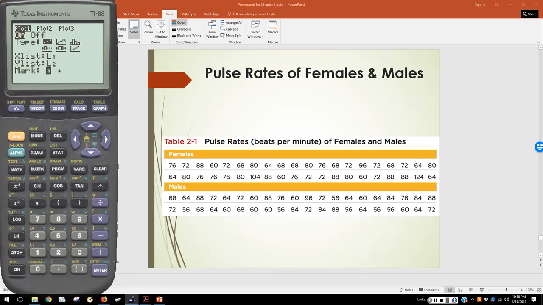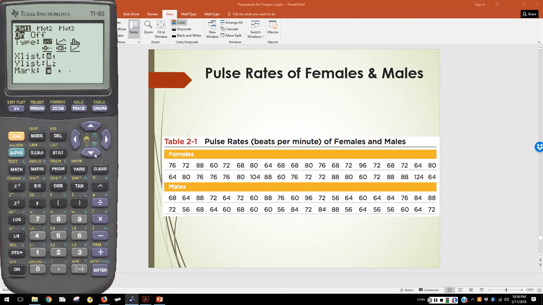If it's sitting over here on off, then you want to move the cursor over here to on and click the enter key to turn it on. Move down, and the box plot that we want to make, we're actually going to make the first one because it's going to show us if there's any outliers. You can also make a second box plot that doesn't necessarily show you the outliers, but I want the one that shows us outliers if there are any. So we're going to choose the first one.